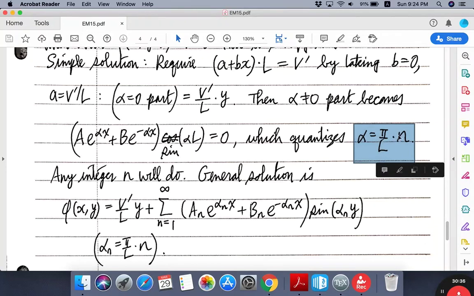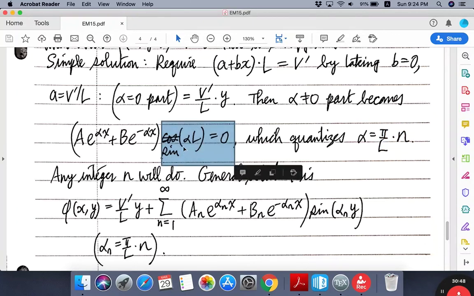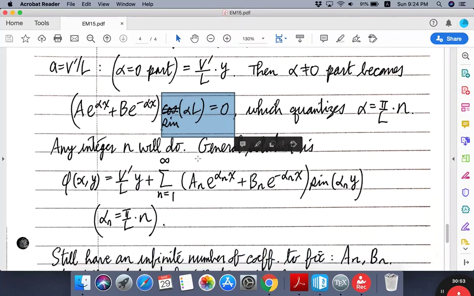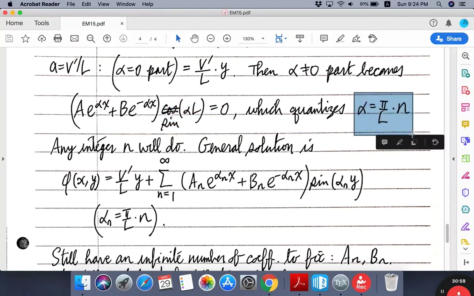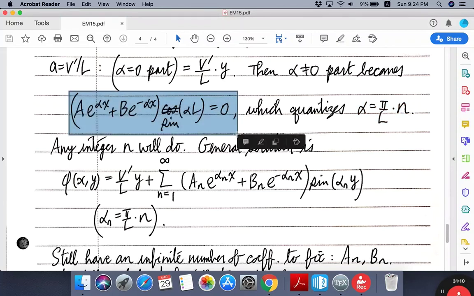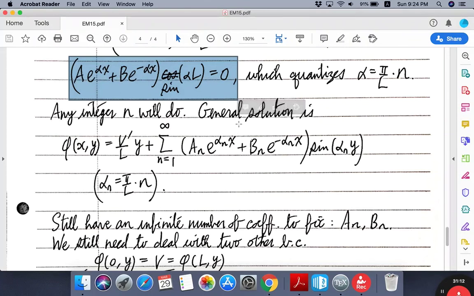That is, if alpha is constrained to be an integer multiple of pi over L, then this sine of alpha times L is always 0, because this is just sine of some multiple of pi, which is 0. So once we agree to quantize these alphas, then this boundary condition at the top plate, where y equals L, is nicely satisfied. And it doesn't matter what integer value for n you choose.